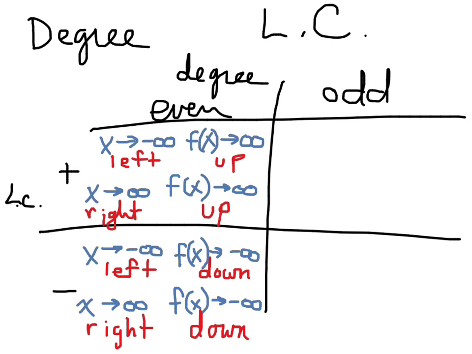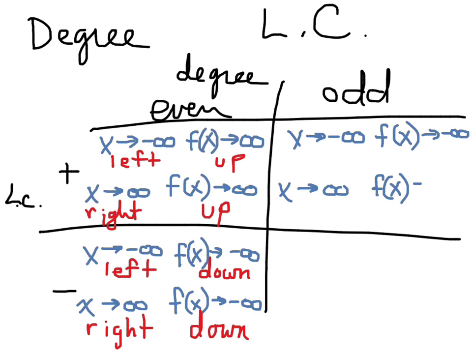Now the next one. If it's odd and positive, as x approaches negative infinity, f of x approaches negative infinity. And as x approaches positive infinity, f of x approaches positive infinity.